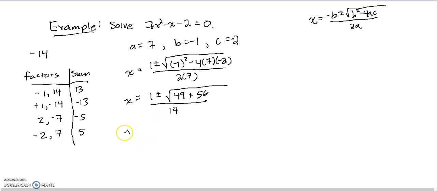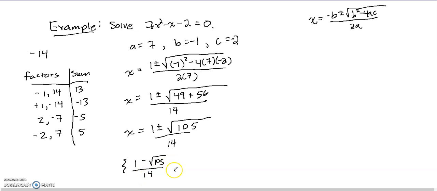So we have x equals 1 plus or minus the square root of 105 over 14. So our solution set is 1 minus the square root of 105 over 14, or 1 plus the square root of 105 over 14.